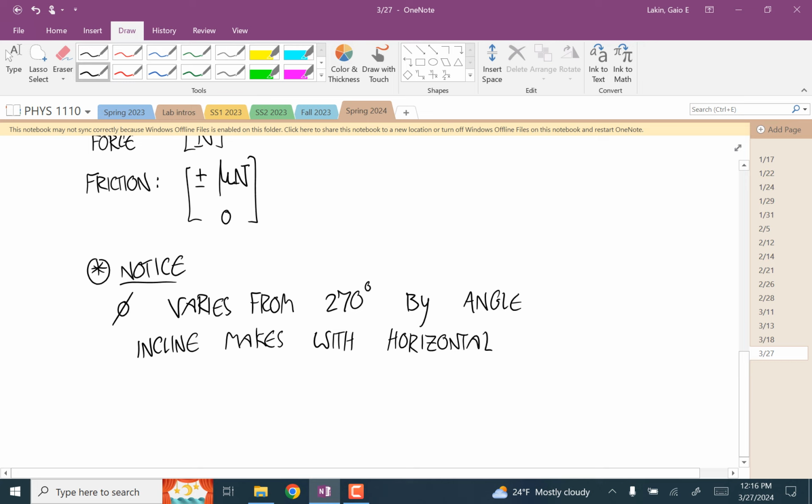So all you have to do to come up with this angle is determine whether you add or subtract from 270.